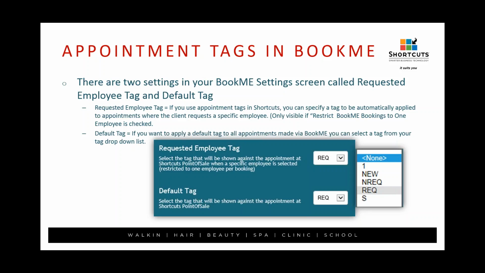Okay, so the requested employee tag is if I have restricted to one booking employee. So I can set that requested employee tag. And then the default tag is just if I want all appointments through online booking to show up with a specific tag. Okay, so up until this point, it's always been that we'd need to review the appointment and add a tag. So now we have some options here for BookMe to add some tags for us.